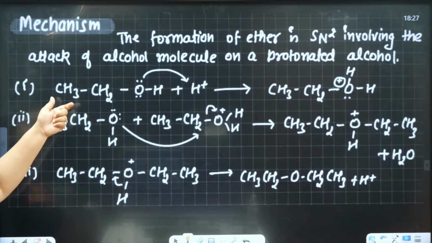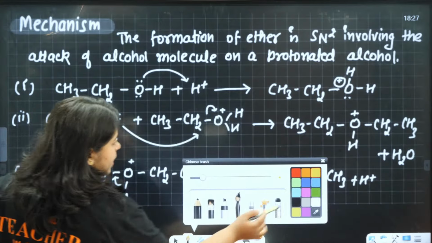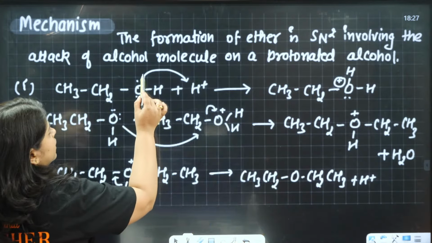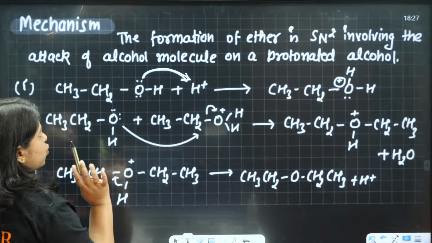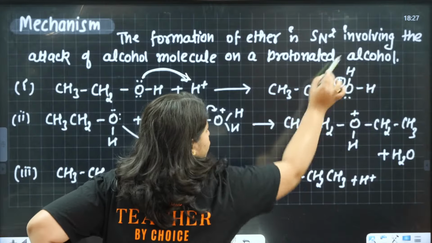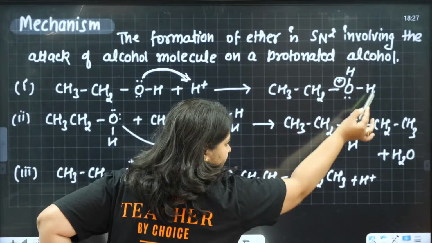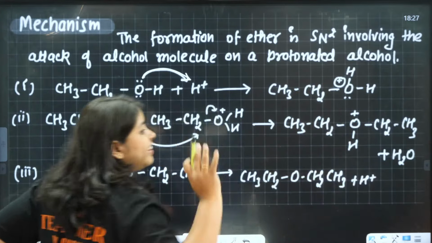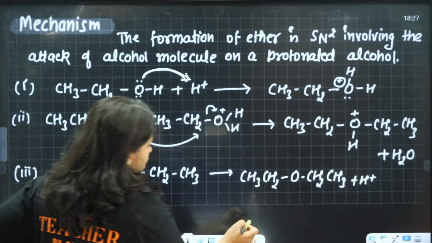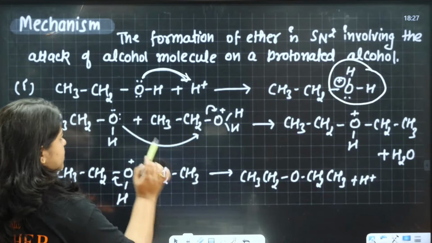First, CH3 same attack will be there. Clear? This will get attached here, that is H2O will become. So CH3 CH2 H2O. Now this H2O which has come, we will remove in the next step. Concentrate properly.